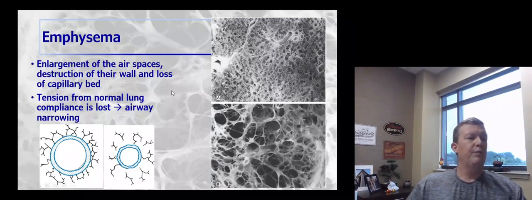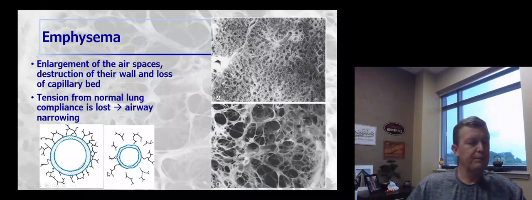With chronic obstructive pulmonary disorder, specifically emphysema, you have a deterioration of the connective tissue around the airways. That's represented by the decreased number of black lines that I'm pointing to here as I move around this circle. Those black lines, there's fewer of them, and there are even fewer of those that are actually connected to the airway itself.